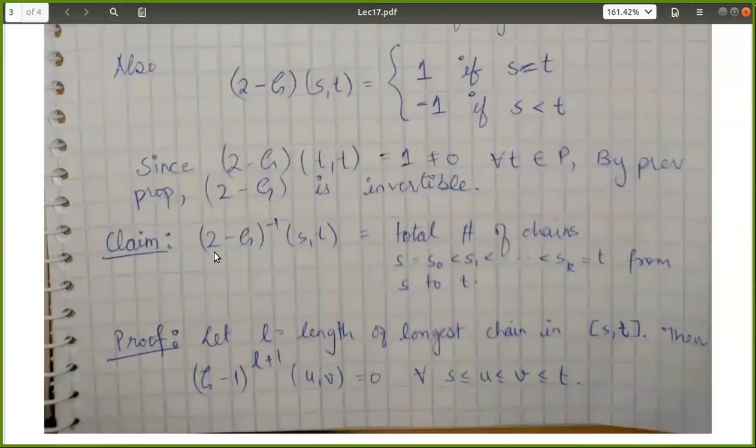Another thing, if you want to figure out what is its inverse, if you take the function 2 minus zeta and multiply it with some other function, let's say h, and if that product turns out to be the identity function, then you know that h is the inverse of 2 minus zeta, because already by the proposition I know that 2 minus zeta has a two-sided inverse and its left side inverse is unique, which is the same as the right side inverse. Correct? Yes. So that's what we are going to do now.